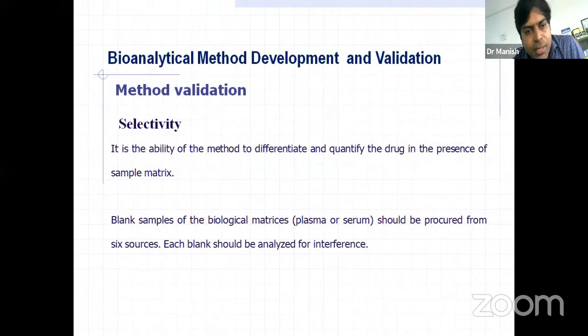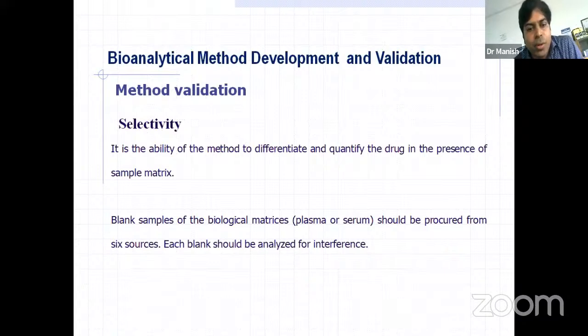So selectivity. Selectivity is the ability of the method to differentiate and quantify the drug in the presence of sample matrix. So here we are going to inject blank plasma samples procured from 6 sources into the HPLC, and we are going to see that there won't be any possibility of detection of interference by the HPLC system. For this, initially the drug is injected and we note down the retention time, and again we inject blank samples and see whether the RT is affected by the blank sample. So this is selective. It is the ability of the method to differentiate and quantify the drug in the presence of sample matrix.